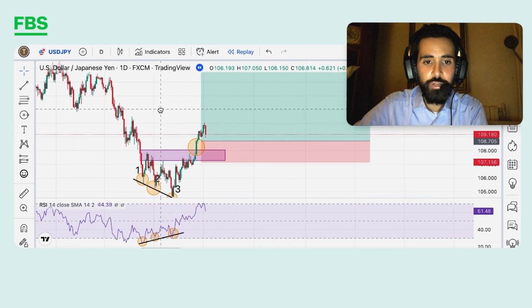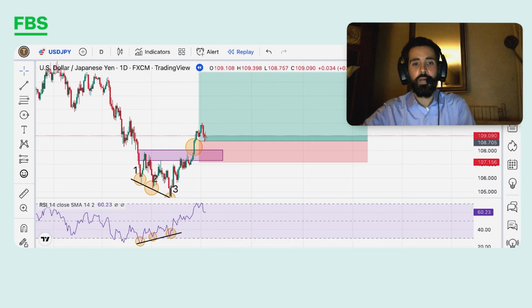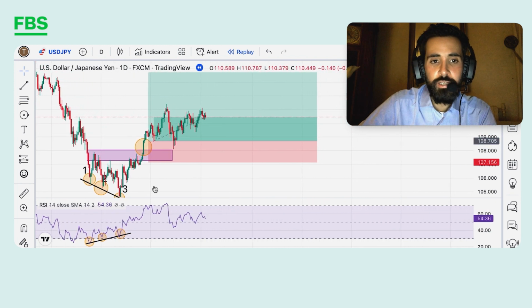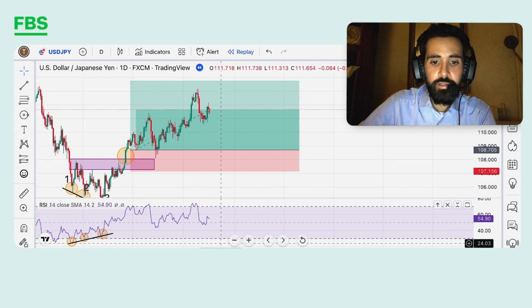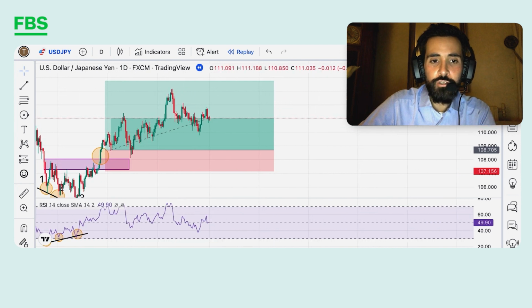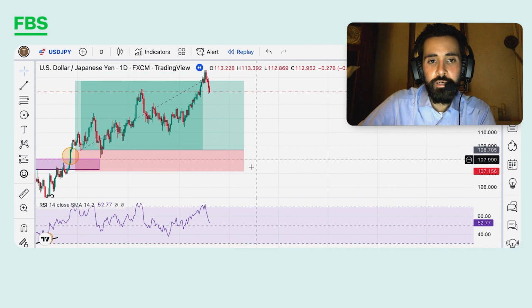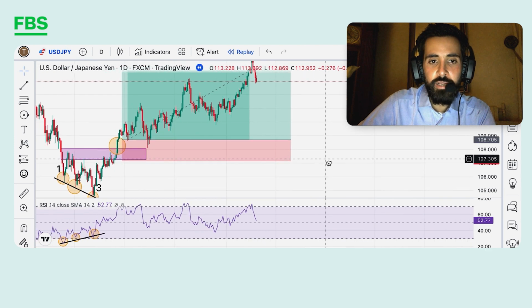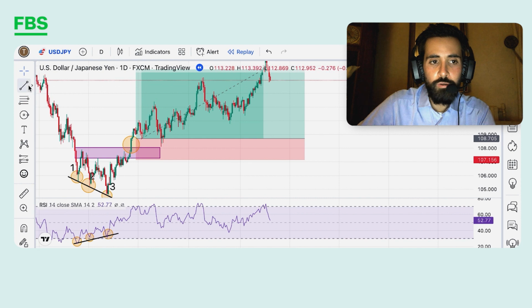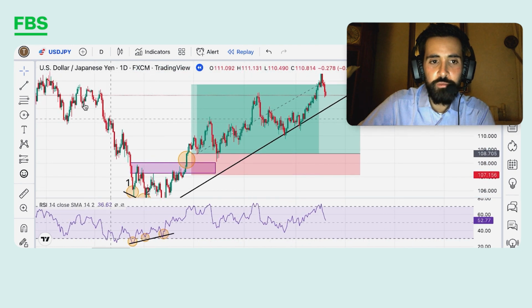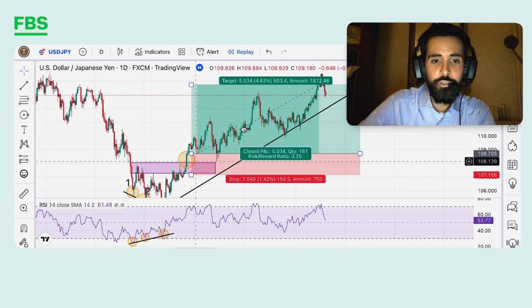So if we let this trade run to see just what would happen, and whether the divergence was valid, we could see that the divergence was very valid, and we ended up eventually hitting our target profit right here. And not just that, if you could see, we also formed a very clear and reliable uptrend, and as you can see, price has strongly reversed from a downtrend into an uptrend.